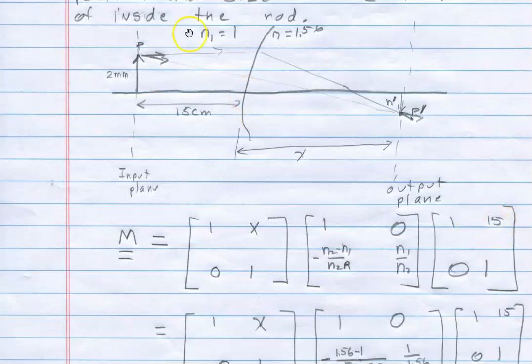Then I have to get from one side to the other of this refractive spherical interface. The general formula is this. n2 is the index on the right, n1 is the index on the left, and R is the radius of curvature.